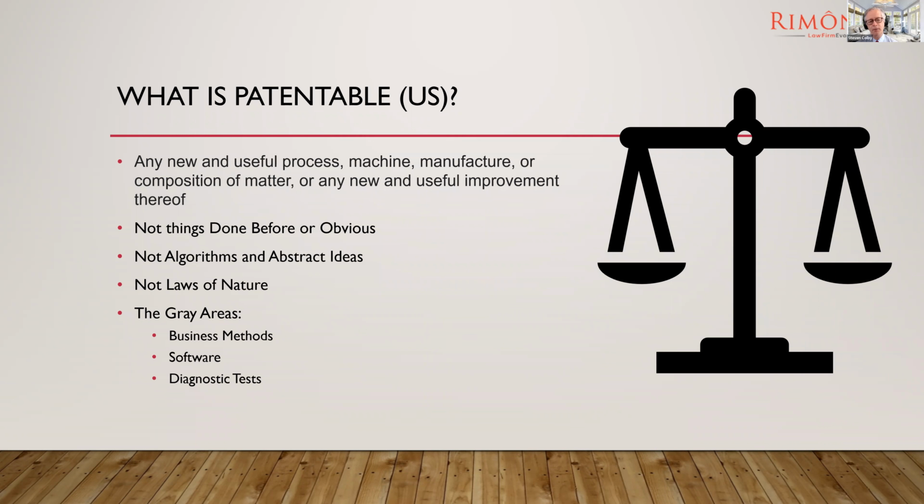Software. Probably 70 or 80% of the patents I do are on software. Software can be very patentable, but it's got to do something. There's a test called the machine or transformation test. In Europe, there's a technical result test, meaning it's got to do something other than just spit out numbers. Let me give you an example.